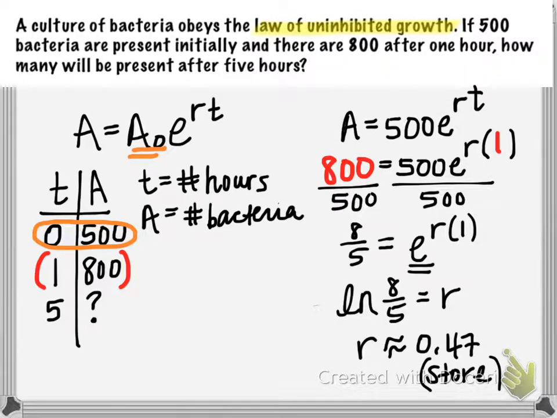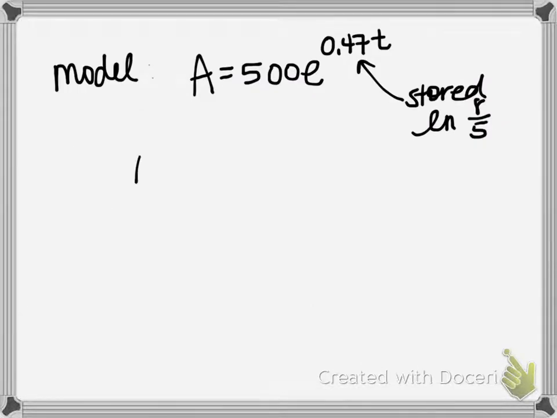So now back to our table, we would like to know how many bacteria there are after 5 hours. In other words, we're interested in A of 5. So you can substitute that in your calculator.